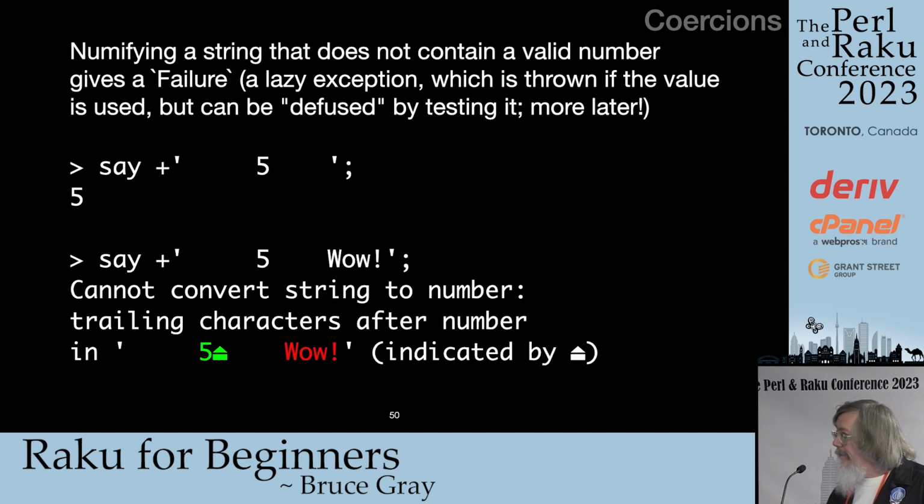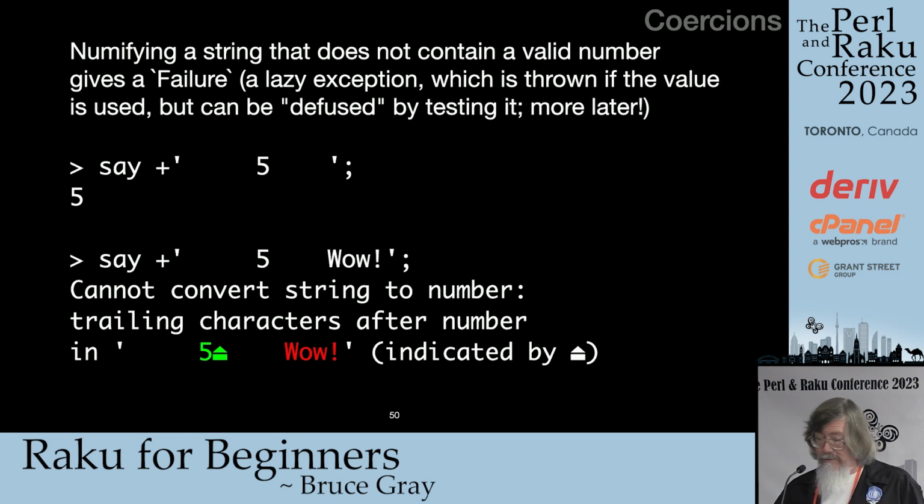Okay, this is a little weird. In Perl, if you numify a string that doesn't have a number in it, it's not valid. You get a warning unless you don't have warnings on, but you would never, ever, ever do that. In Raku, we have a delayed warning.